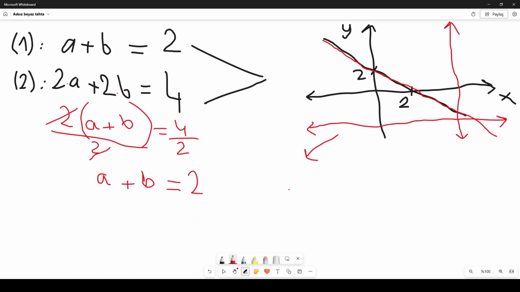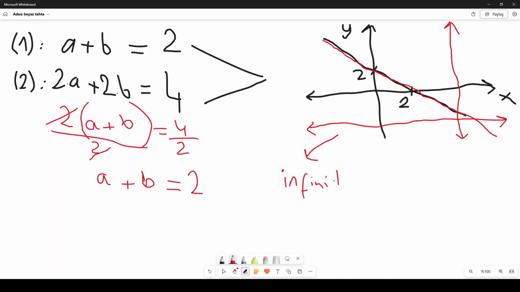We conclude that actually there are infinitely many solutions here. In other words, the set of real numbers has an infinite number of elements. So this third case says that it is possible to have an infinite number of solutions, as you see in this example.